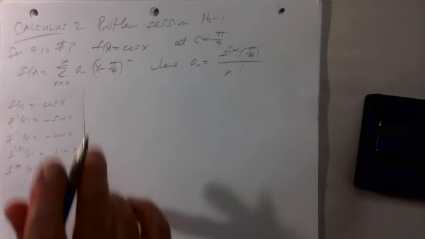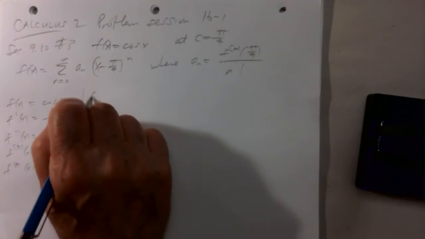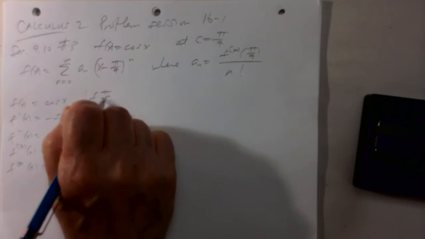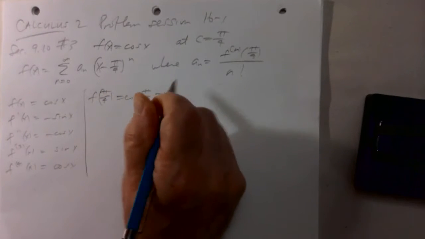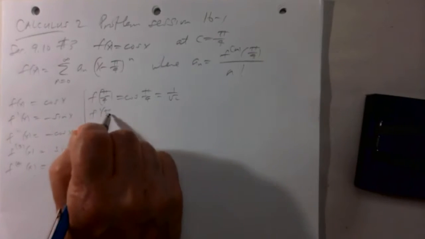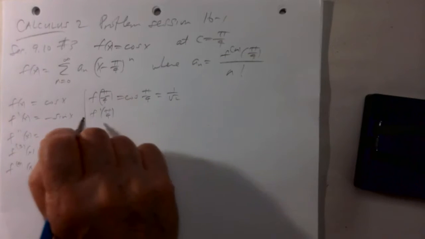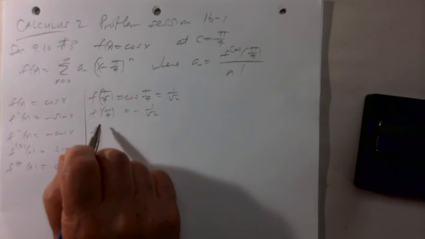And we have to know what is the value of the function at pi over 4. So f of pi over 4 is the cosine of pi over 4. That's 1 over root 2. Minus the sine at pi over 4 is minus 1 over root 2.